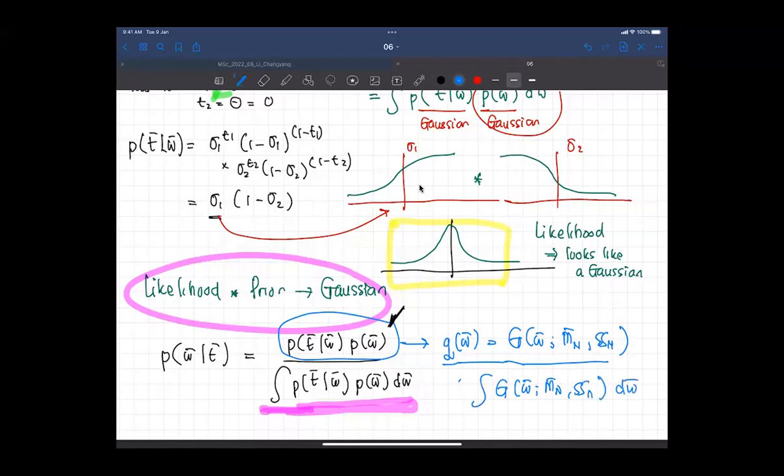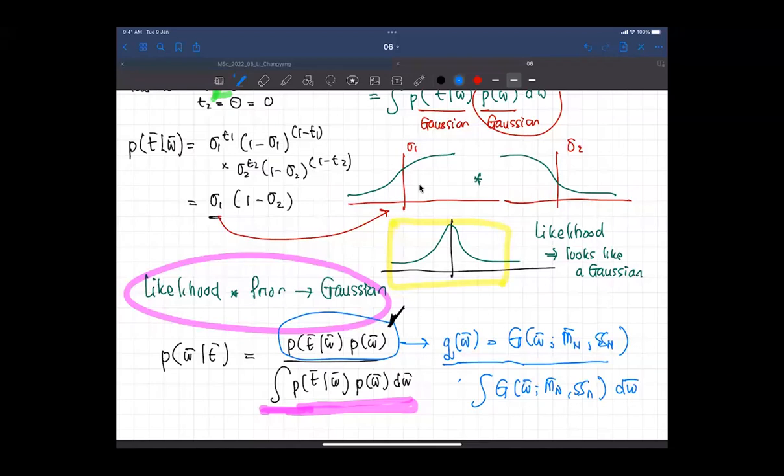So what is the integral of that? 1, because a Gaussian is always a probability function, and the integral of a probability function is 1. Remember the properties of a probability function from the very beginning. There are 2 properties: the value of the probability function has to be between 0 and 1, and the integral of the probability function has to be 1.